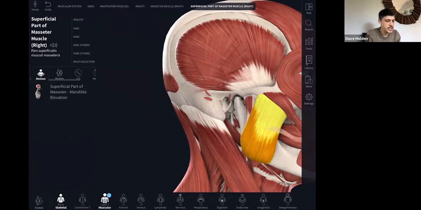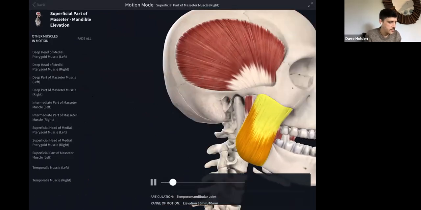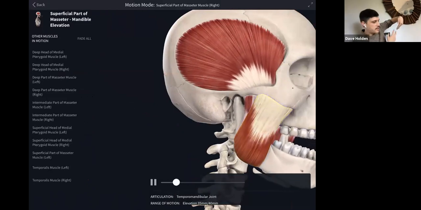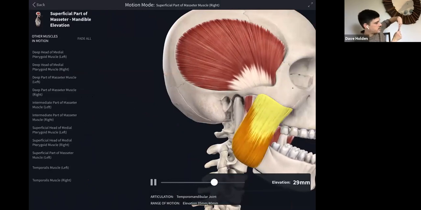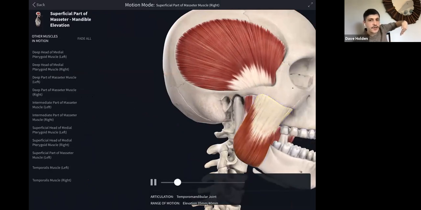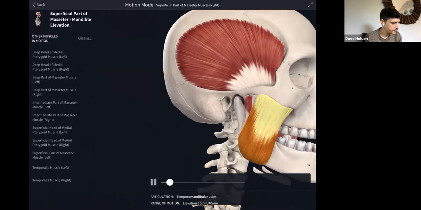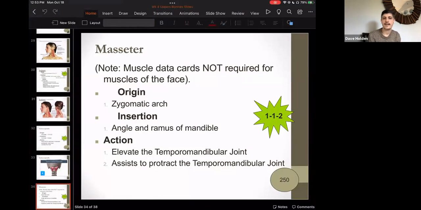And this will only show me elevation, so I can show you the jaw closing. But pulling its insertion towards its origin, those slanted fibers will look like they straighten, so the jaw moves anteriorly. Masseter. Such a fascinating muscle.